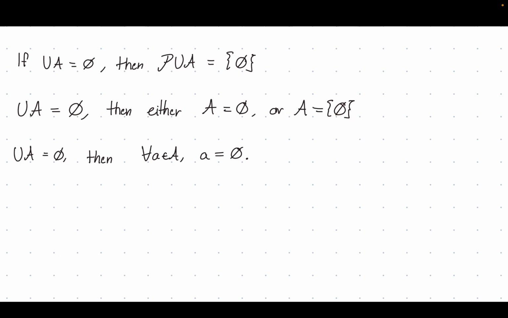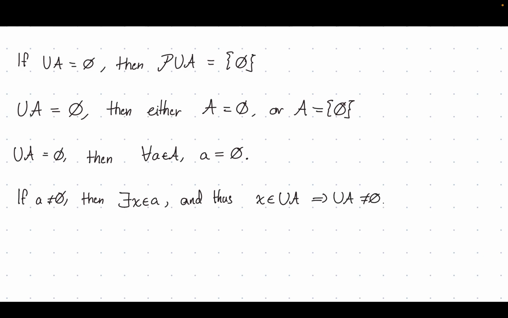Because if little a is not the empty set, then there exists some x in little a, and thus x is in the union of A, which implies that the union of A is not the empty set, which is a direct contradiction to our initial assumption. So assuming that the union of A is the empty set, A can only contain the empty set, or it can have no members at all.